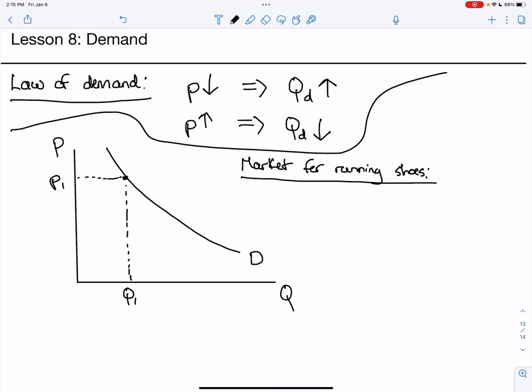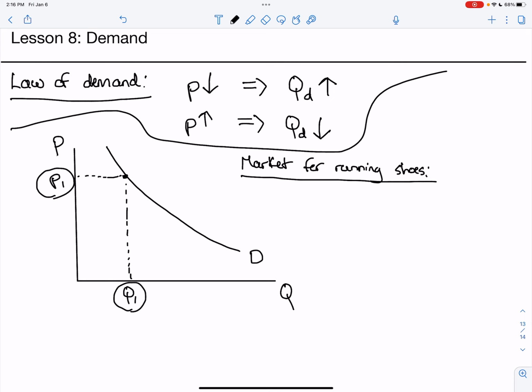So when firms are charging P1 for running shoes, consumers want to buy Q1 pairs of running shoes. All right. Now, I just want to flag that this is different from the quantity that they actually buy. Okay, this is just the quantity that they want to buy. All right, and we'll see later why this is an important distinction. But for now, suffice it to say that this Q here represents desired purchases, not actual purchases.